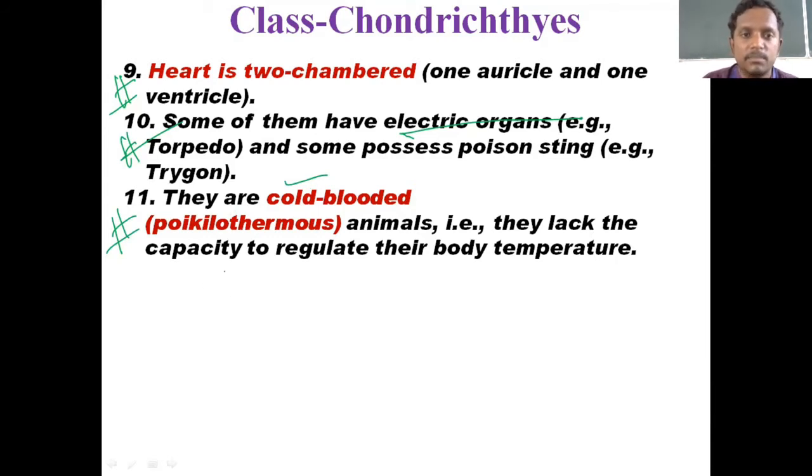Poikilotherm is the right term that a biology student should use. Note it down: poikilos refers to fluctuating or varying. I will write one word. Fluctuate or change, vary. Thermos means temperature.